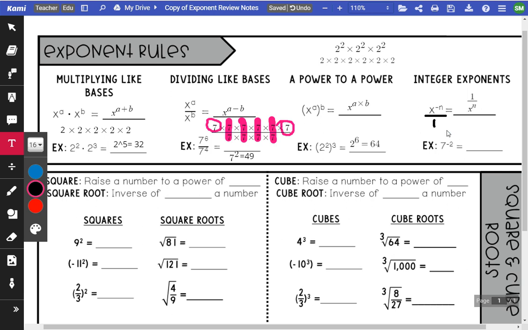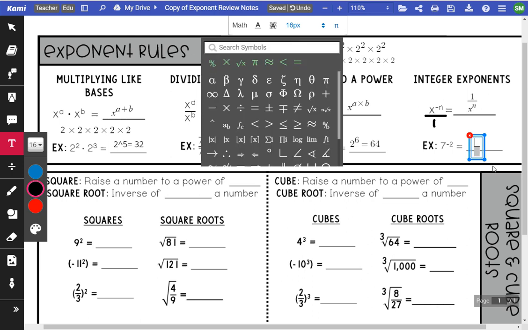So 7 to the negative 2 equals 1 over 7 squared, which equals, I'm going to write out the 7 squared now the long way, 1 over 7 times 7, which equals, what is 7 times 7? 49, that's right.